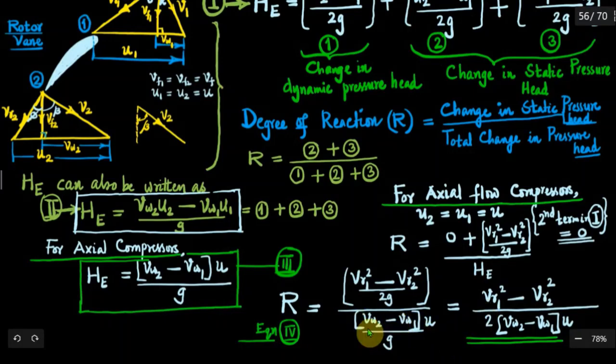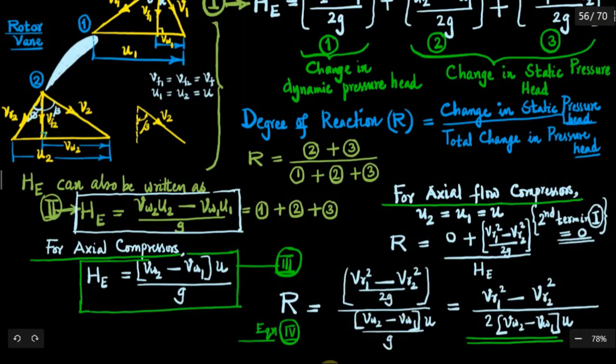Here we can express this in a better form. Euler head HE is equal to VW2 minus VW1 into U divided by g. So just make a substitution. What do you get? R is equal to VR1 square minus VR2 square.